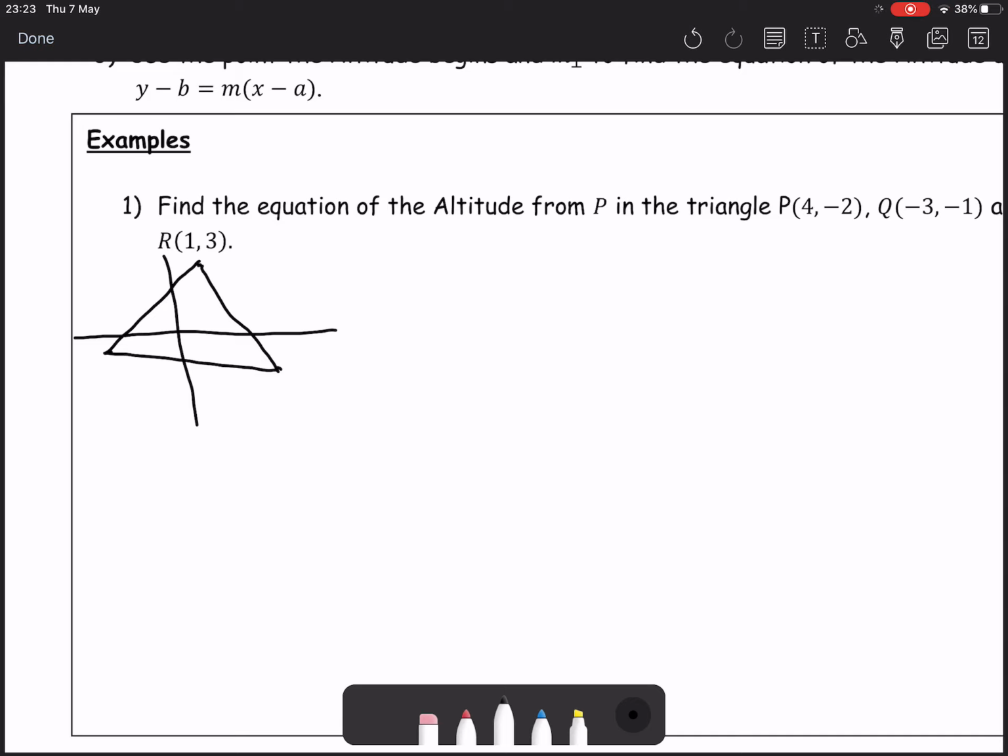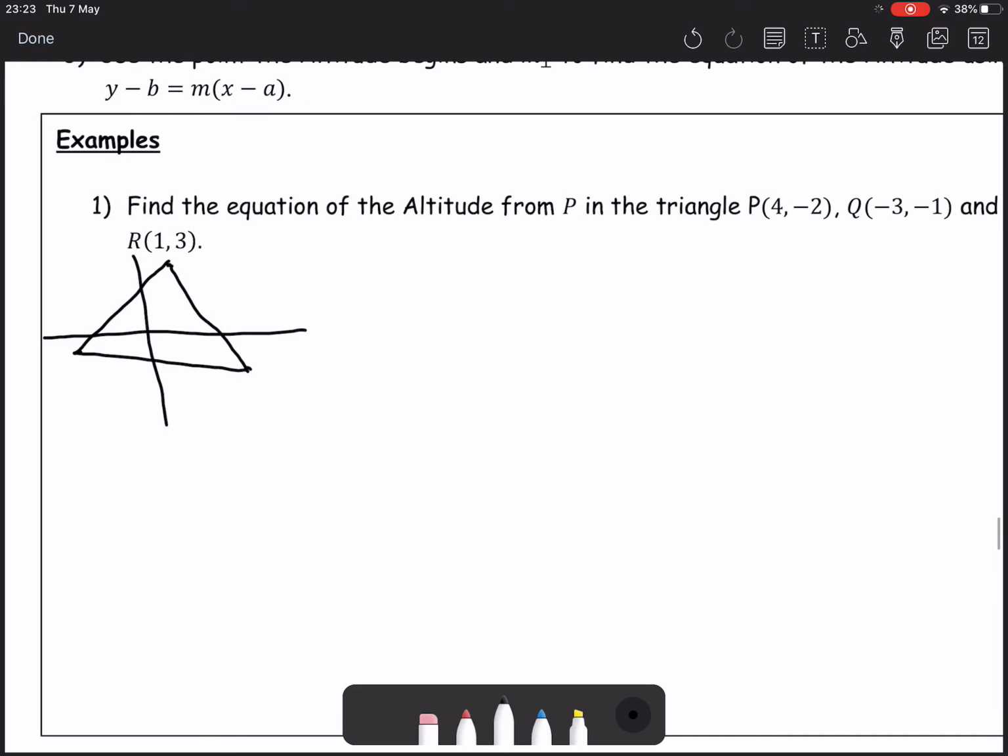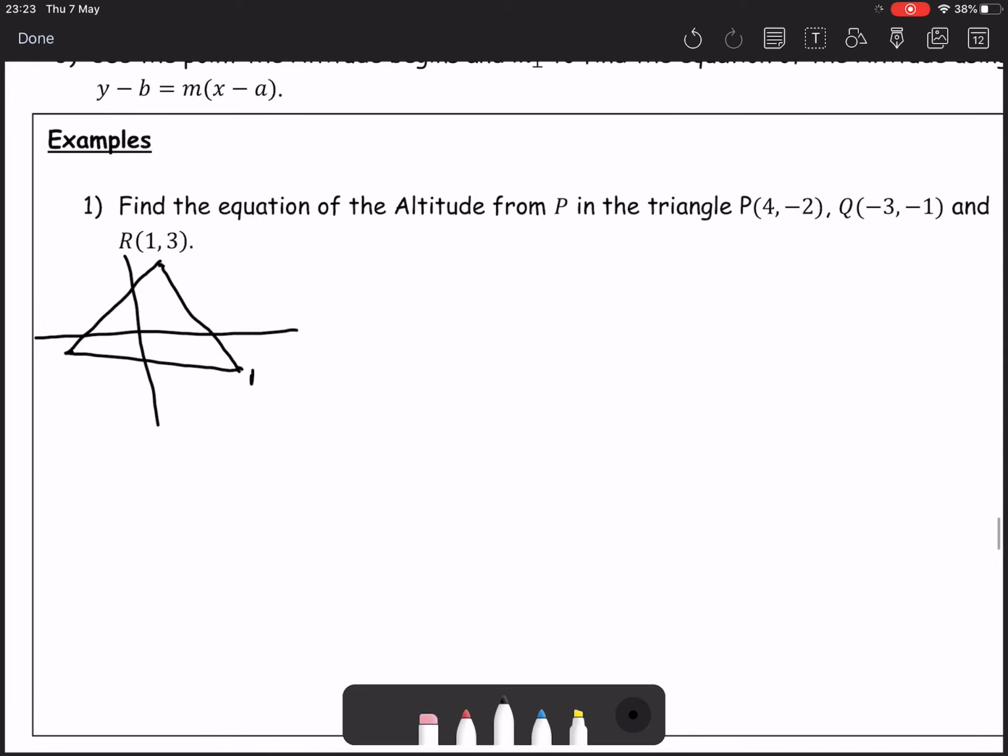Should be a straight line triangle. So we have P, we have Q, and we have R. Find the equation of the altitude from P. So from P, we'll go directly to the opposite side at right angles to QR.